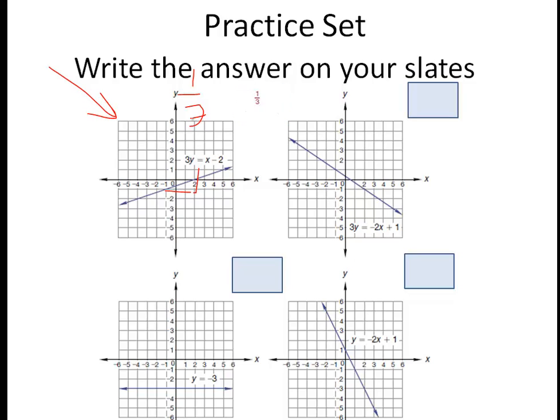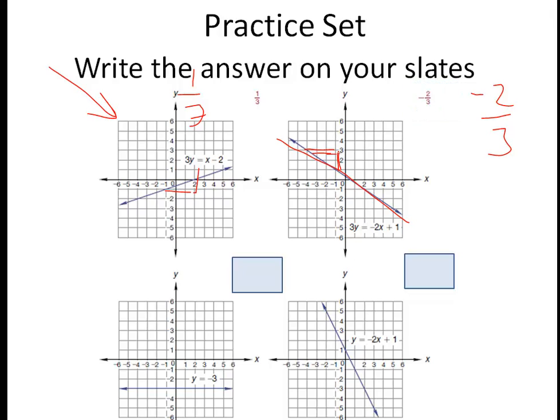Okay, this one here, I know it's going to be negative because it slopes downward, and then it's going to go over 1, 2, 3, and down 2. So -2 over 3. Because my run is 3, because it went over 3, and it went down 2. In this case here, going down 2 makes it a -2. So rise over run is -2/3.